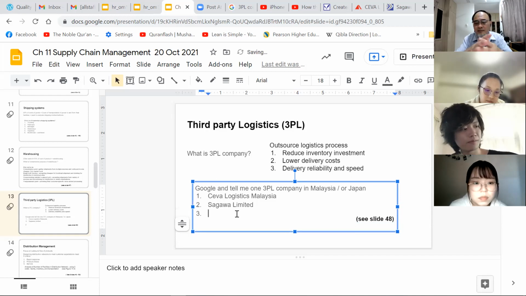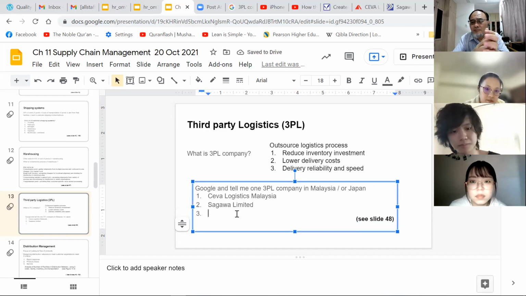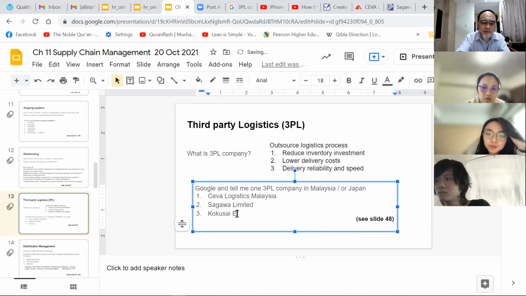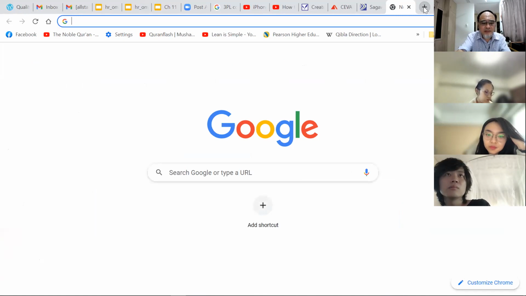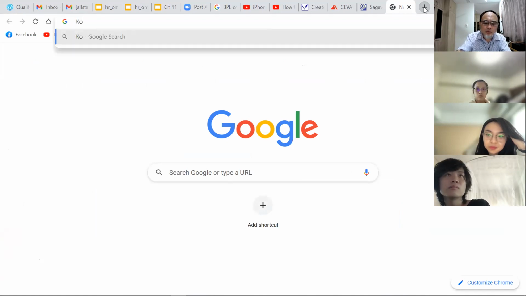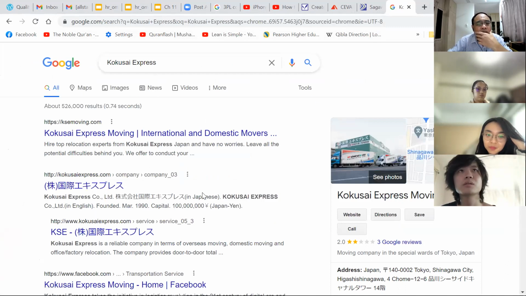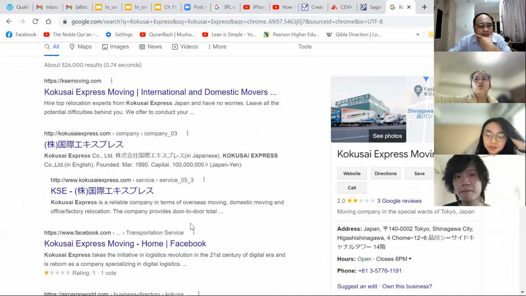So next, Kokusai Express. Why do Japanese companies like to put "Express" in their names? Just now I saw Sagawa also uses Express, because express can also mean logistics.